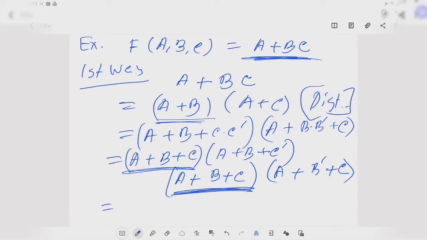We know that A times A equals A, so A plus B plus C times A plus B plus C is actually A plus B plus C. Then we have A plus B plus C prime, and then A plus B prime plus C.